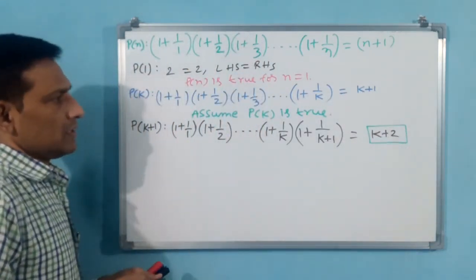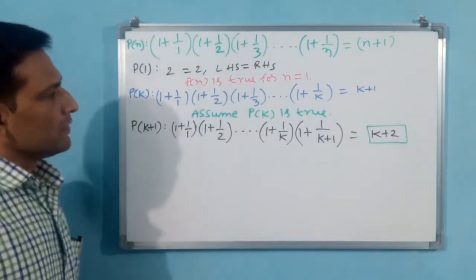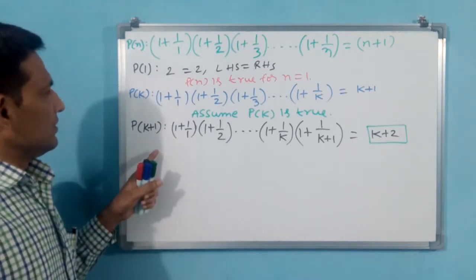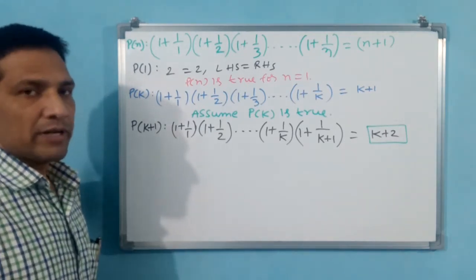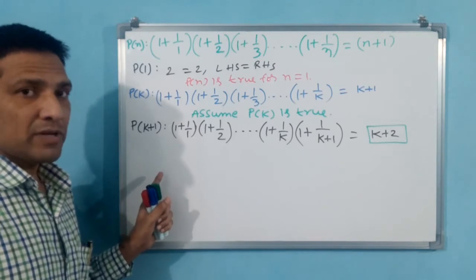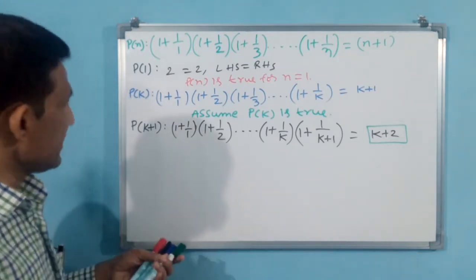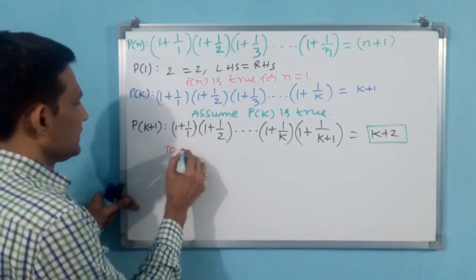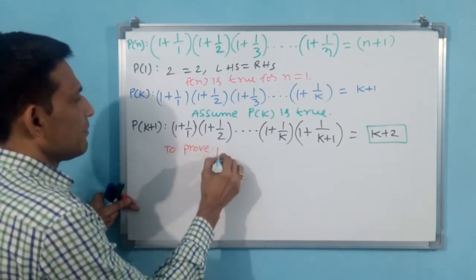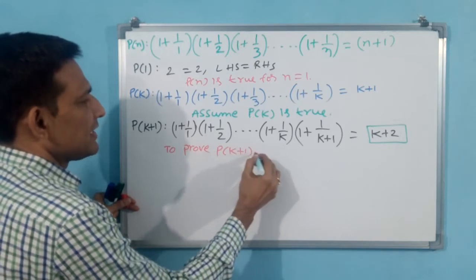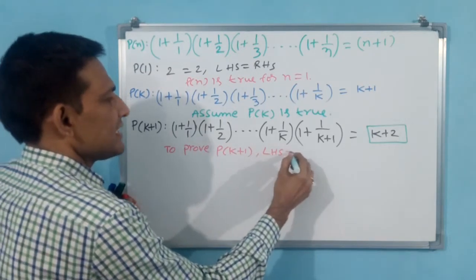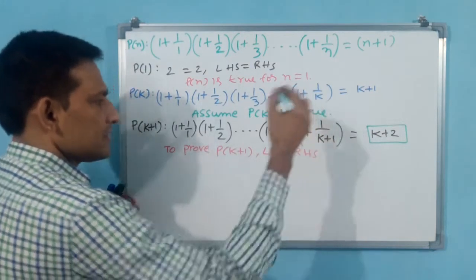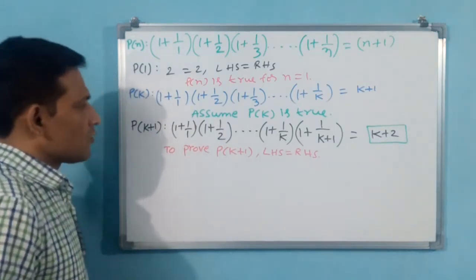One more important step you have to write: to prove P of k plus 1, LHS is equal to RHS. This also you have to prove.